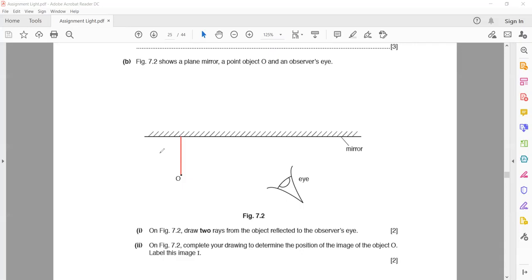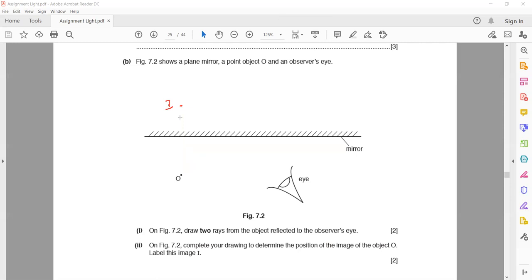Example, if this is 2 centimeter, measure 2 centimeter and draw the position of image. First thing, that is the position of image. Now after getting the position of image, so this was the image.